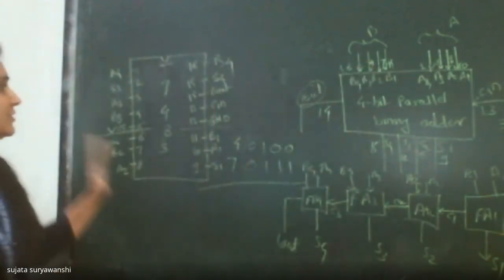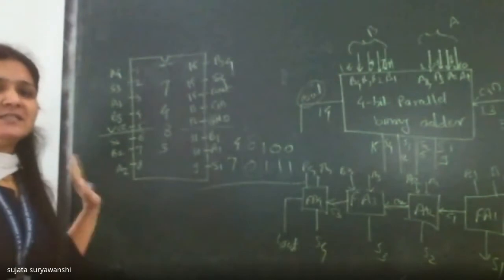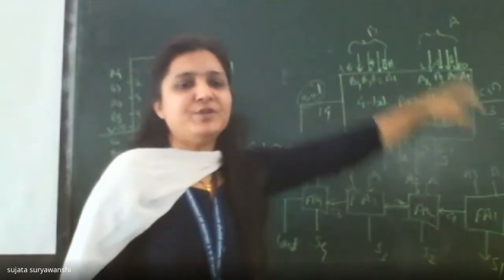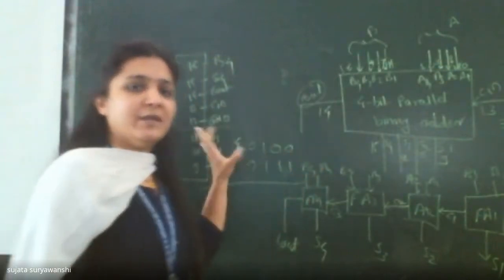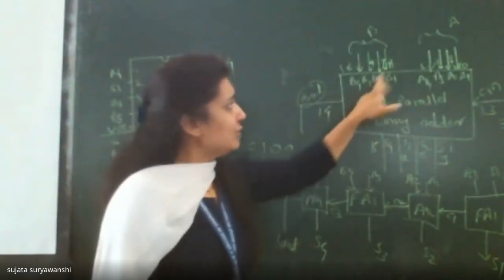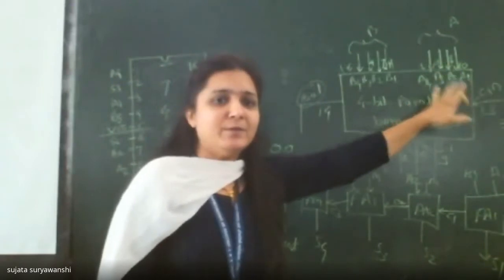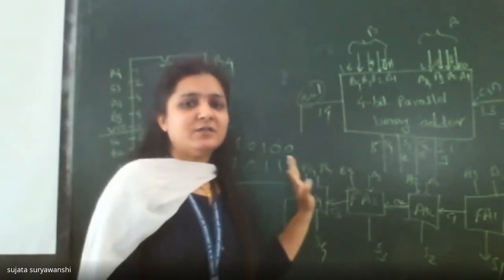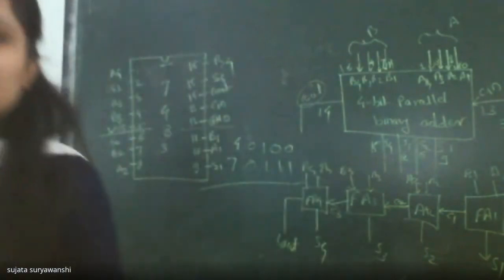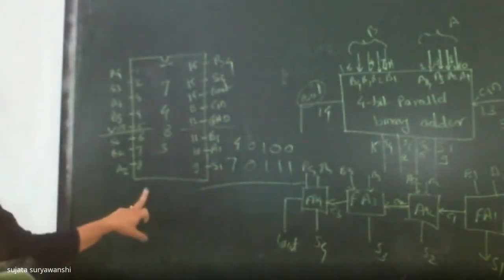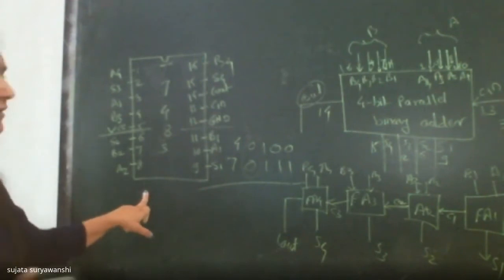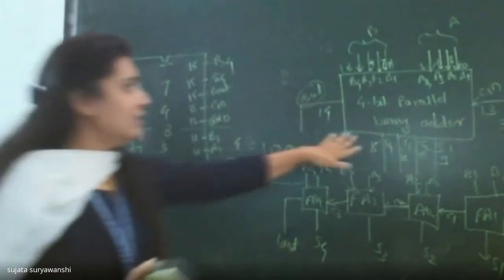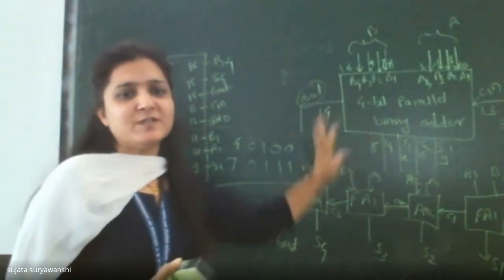Once you learn the pin diagram of IC 7483, you need to write down the pin numbers here every time. If you want to make a connection, you should know the connection of each and every cable of your circuit. Has everyone understood this? First of all, complete this pin diagram of IC 7483 and write down the numbering in your block diagram or circuit diagram.